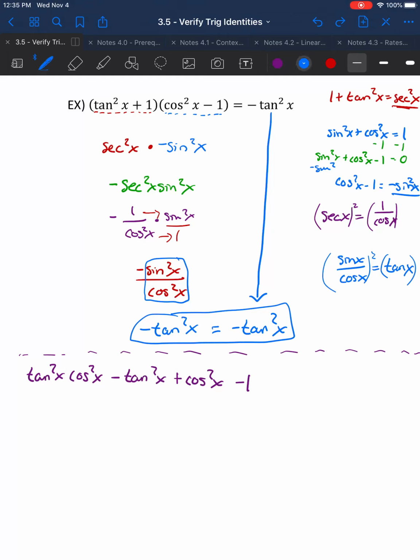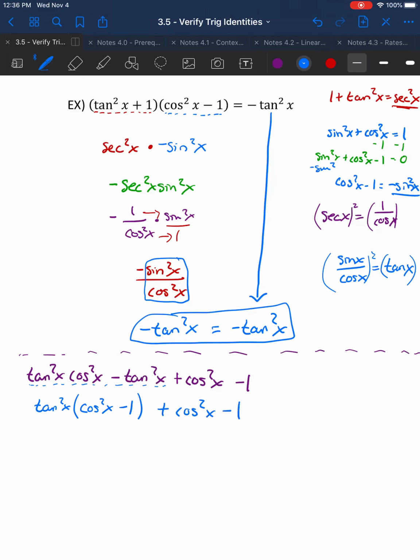So now I'm going to start manipulating this down here. Ooh, kind of yucky. Ooh, okay. I see this thing, and they have a tangent squared in common. So I'm going to take a tangent squared out, which then would leave me cosine squared minus 1.